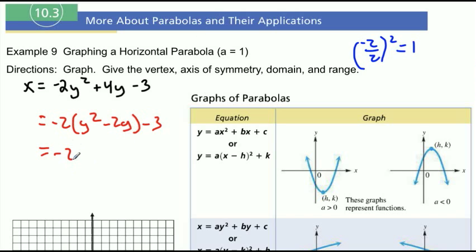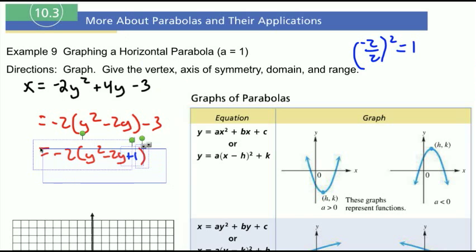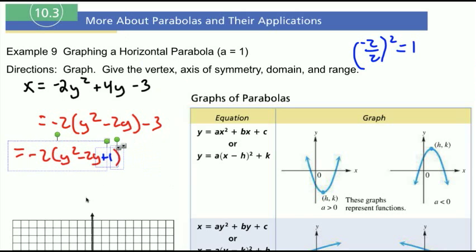So I have -2 times y squared minus 2y. Now my special number is 1, so I'm going to add 1 right there. I'm going to kind of run out of room here, so I'm just going to move this over. And so be careful right here.